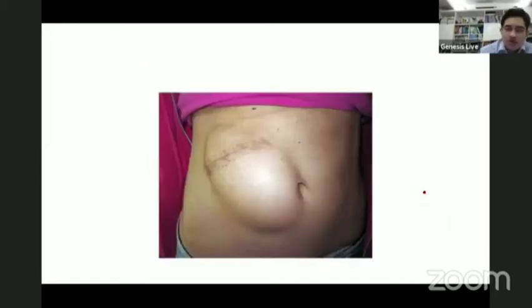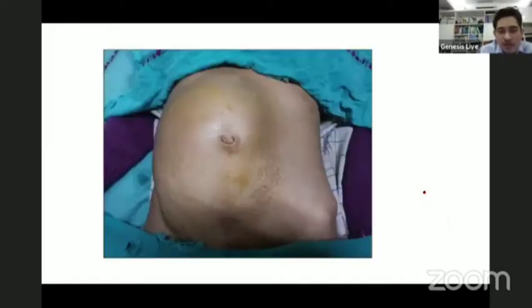What else do you look for? You are looking for whether there is a mass, whether there's a visible lump. Now, there may be a visible lump over here. How do you describe a lump such as this? The first thing you talk about is the site of the lump. Now, what is the site of the lump?